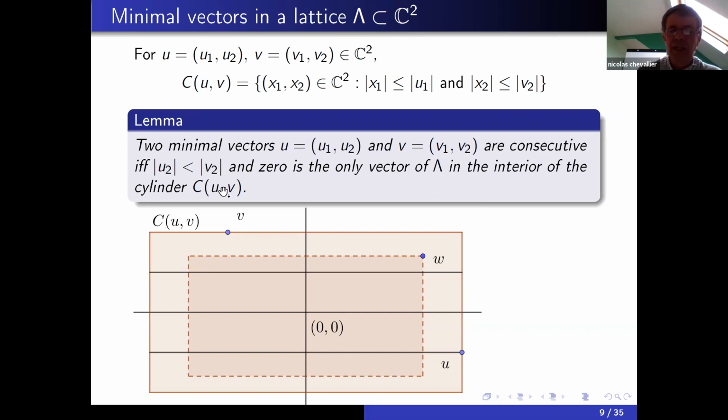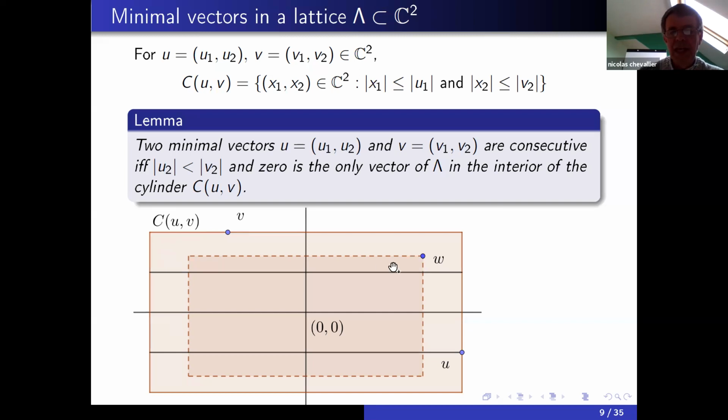This lemma is easy because if u and v are not consecutive, by definition, there will be some minimal vector w with the second coordinate between the coordinates of u and v, and this vector w will be in the interior of CUV.